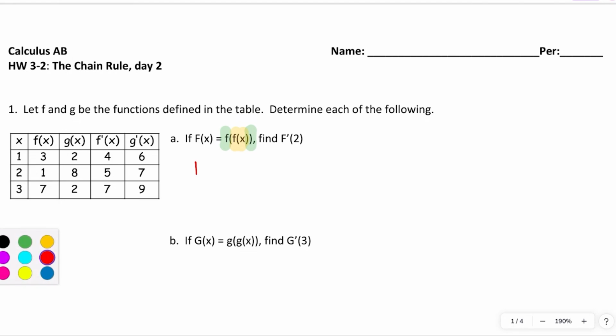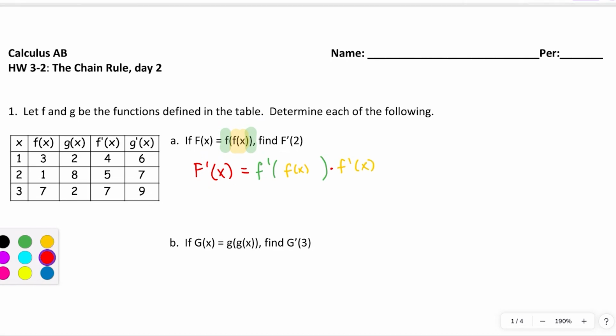So the derivative of this capital F, and this is not a typo, this capital F is just a different function rather than the lowercase f, is equal to the derivative of f, so f prime of whatever's inside the parentheses, in this case that would be another f of x, times the derivative of the inside, which is f prime.